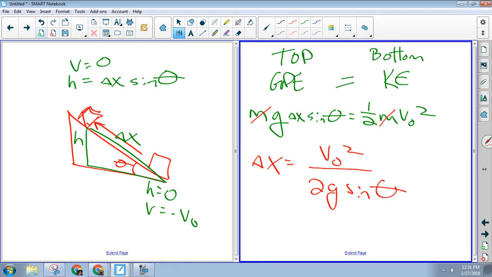The position's decreasing, so you'd have to sort of manufacture this negative sign, I guess. Yeah, that's the only way it works. And then add d and you're done. Okay, cool?